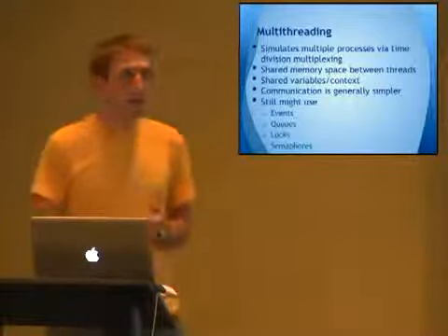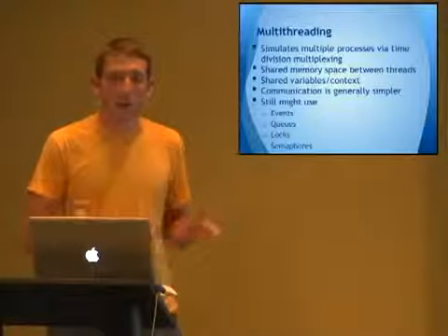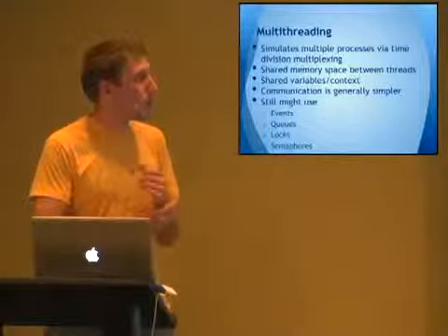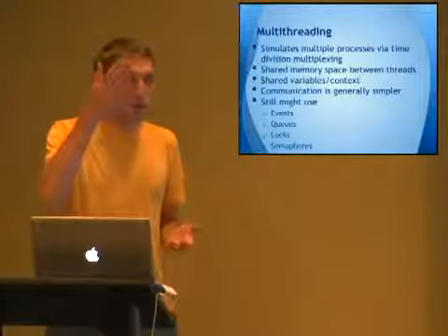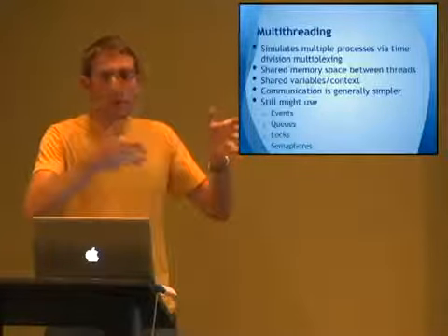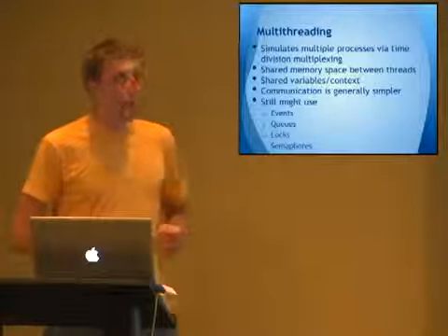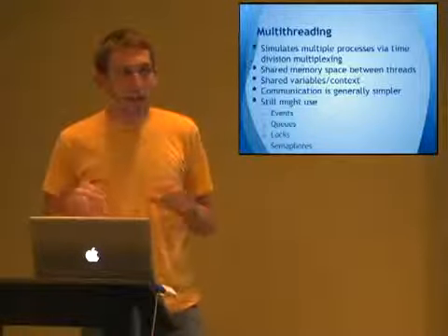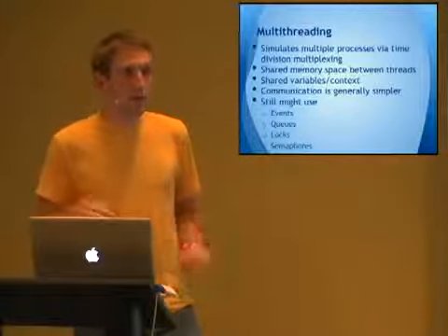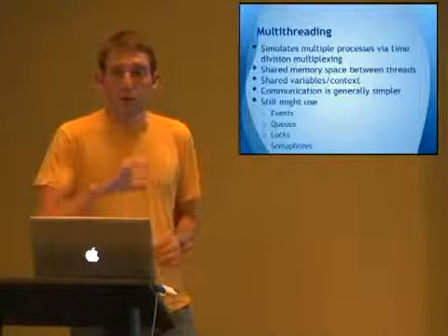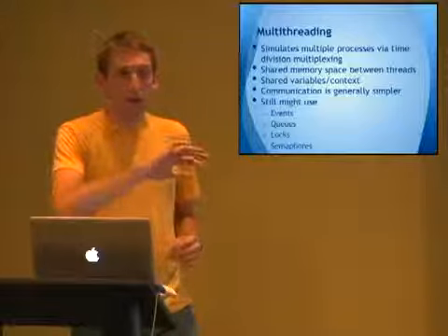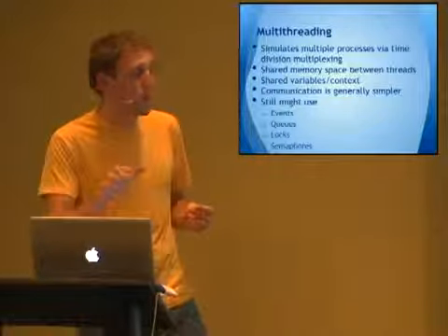With multi-threading, you're doing time division multiplexing within one process. So you have essentially multiple virtual processes, and you're switching between them. This happens in a completely invisible way to the developer. You don't have a whole lot of control over when execution is going to switch between your multiple threads.